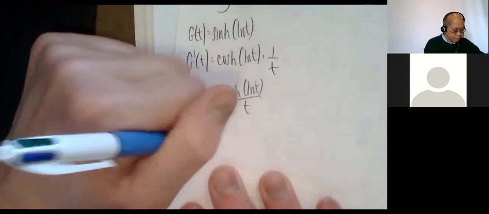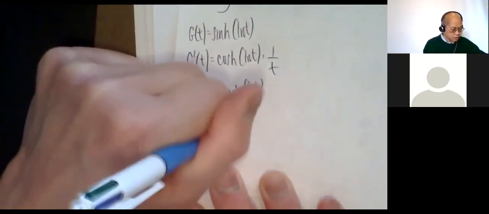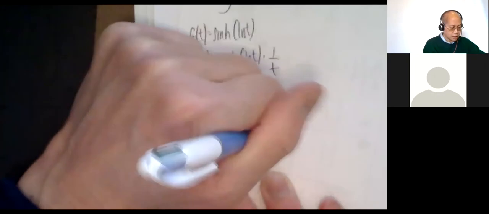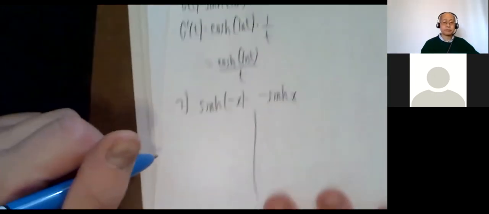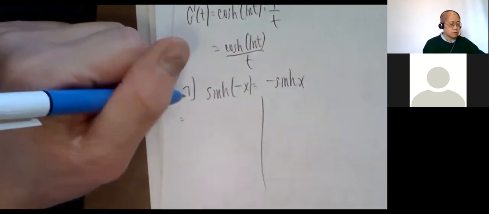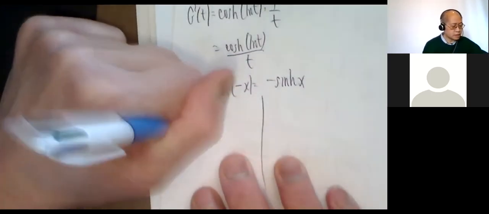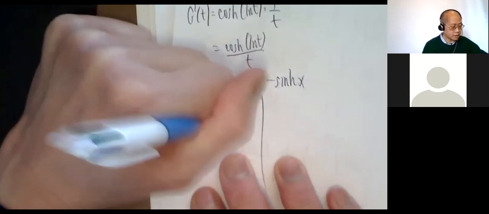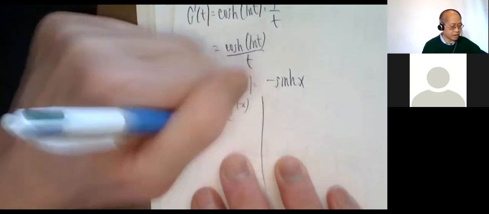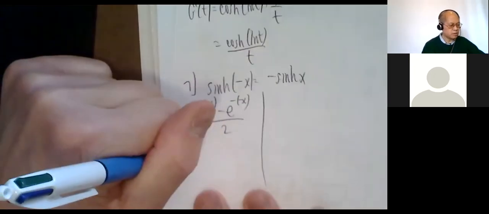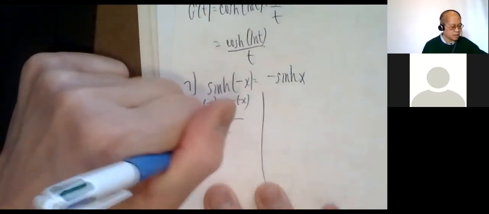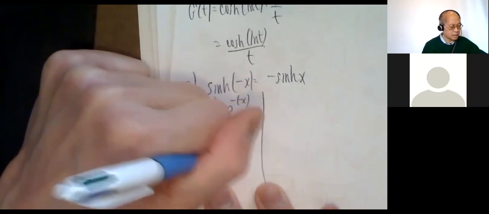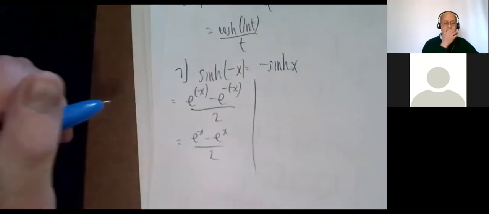Okay, 7. Show that sinh of negative x equals negative sinh x. Okay, sinh of negative x is (e to the negative x minus e to the x) all over 2, which is e to the negative x minus e to the x over 2.